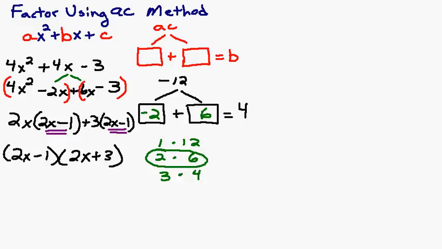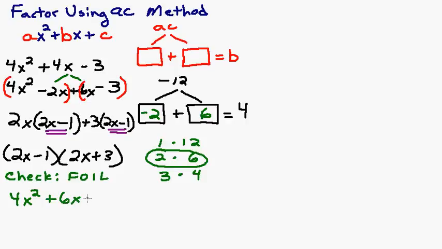So let's check it. Let's just make sure that this is right. This will be our answer. The way you check if you factored a trinomial correctly is to FOIL it. So 2x times 2x would be 4x squared. 2x times 3 would be positive 6x.